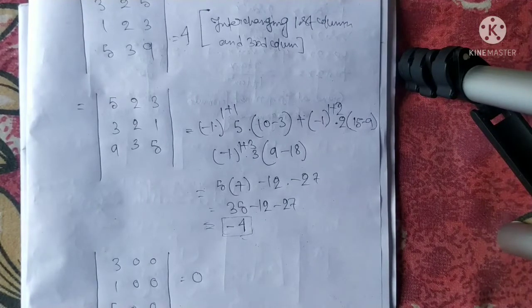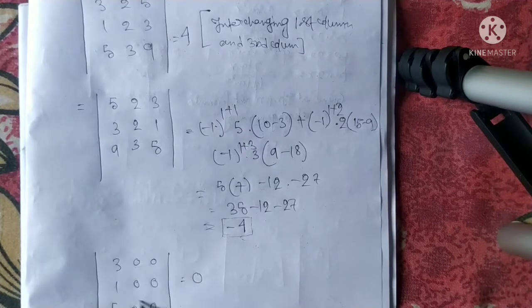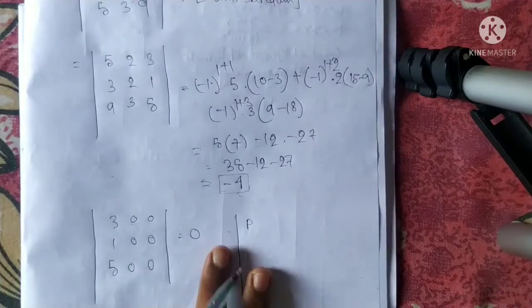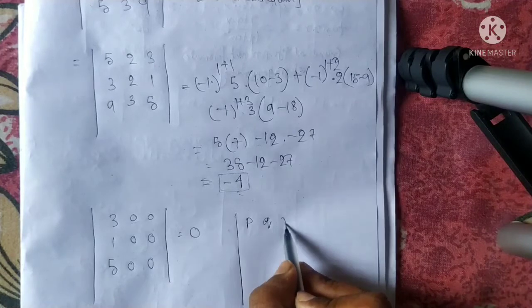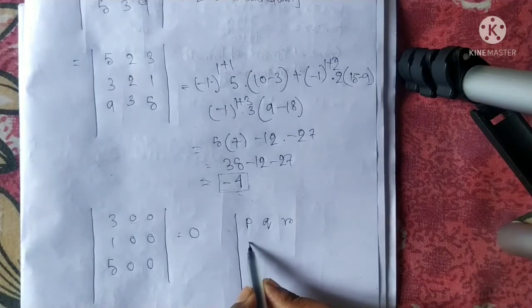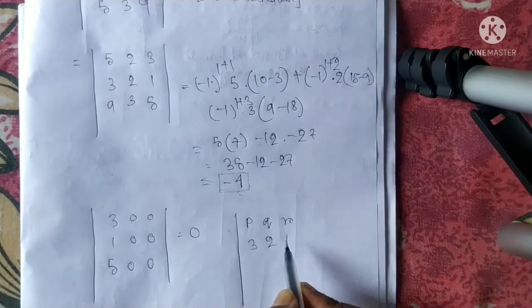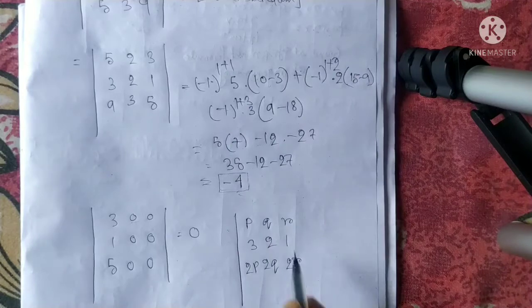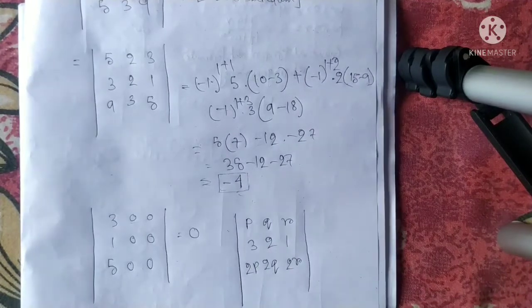Or let us take another example, where identical does not always mean the values must literally be the same, but the determinant will still be 0. It may be p q r, 3 2 1, 2p 2q 2r.